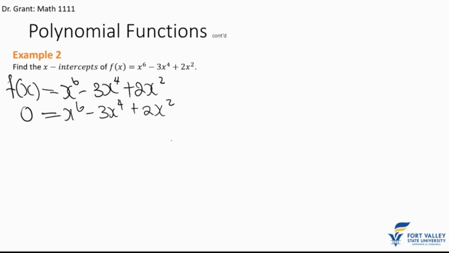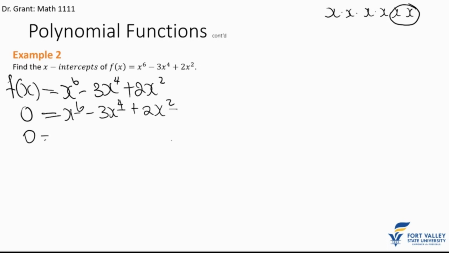Now, if you notice, all of these have x in common, and specifically, each of these has x squared. If I look at x to the 6th power, it means we have 6 x's, and if I pull out x squared, I'll be left with x to the 4th.